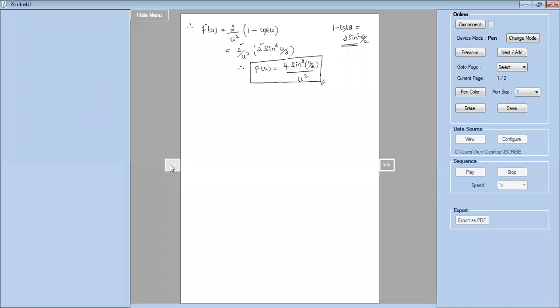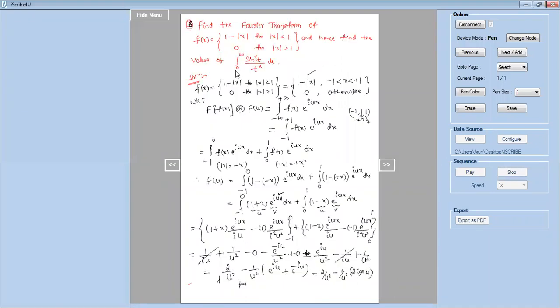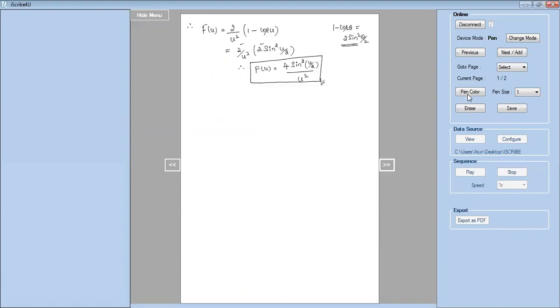Now, in addition to this, in this problem, we need to find the value of this integral 0 to infinity sin square t by t square dt. So let us find the value of that. Just a minute.